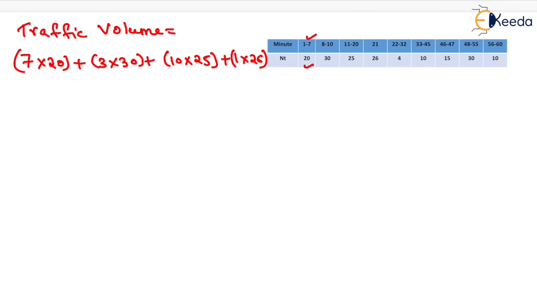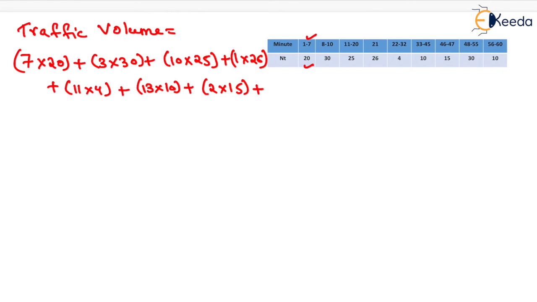From 22 to 32 there will be 11 minutes, so 11 into 4. From 33 to 45 there will be 13 minutes, so 13 into 10. From 46 to 47 there will be only 2 minutes, so 2 into 15.